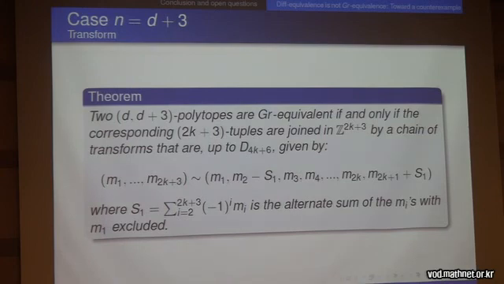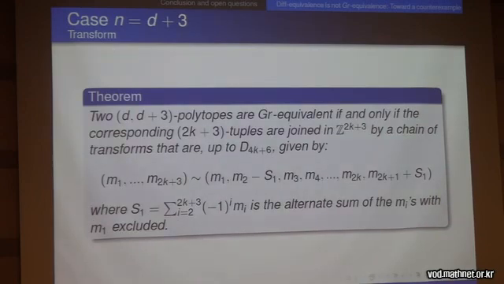And for example, if you permute two of these, you can obtain something like this, where here you remove M2 minus M3 plus M4 minus M5, and here you add it.